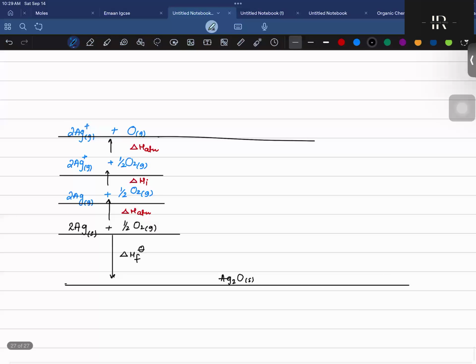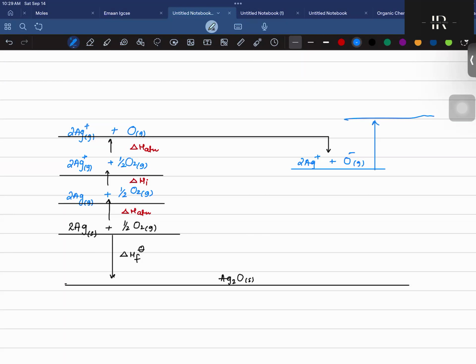Okay. Then again, electron affinity. This is the first electron affinity. Then the second.